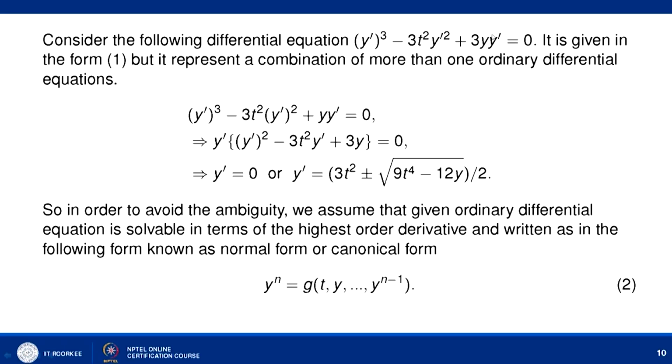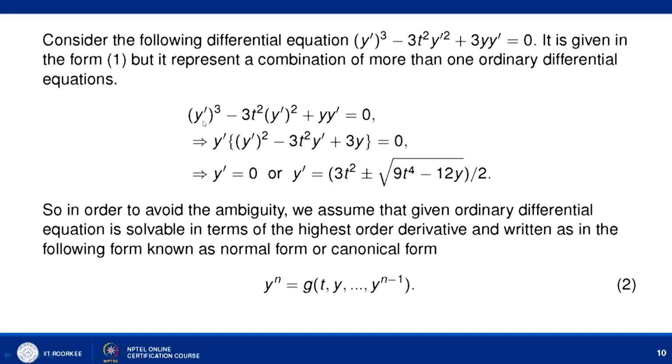But if you look closely, it gives not only one differential equation, but basically three differential equations at once. It is given in the form 1, but it represents a combination of more than one ordinary differential equation. Right now this is given in a very nice form and we can solve it.